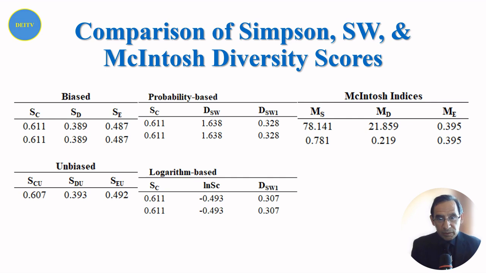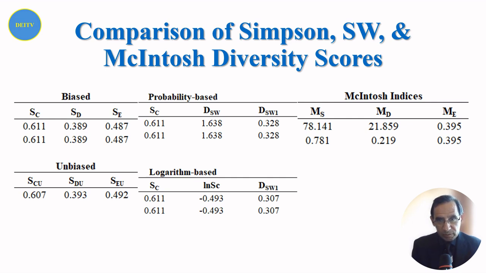Then in the middle column, you have the Smith and Wilson diversity score of 1.638, and that is based on the inverse of the standardized score. And then you divide that by, again, the maximum score.